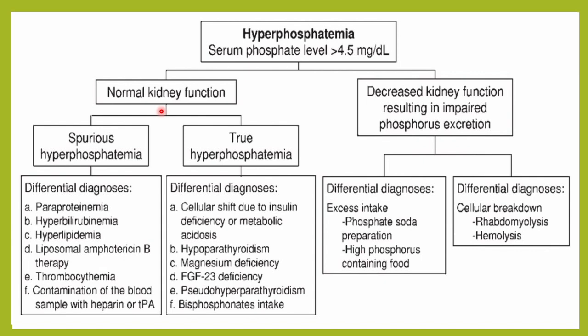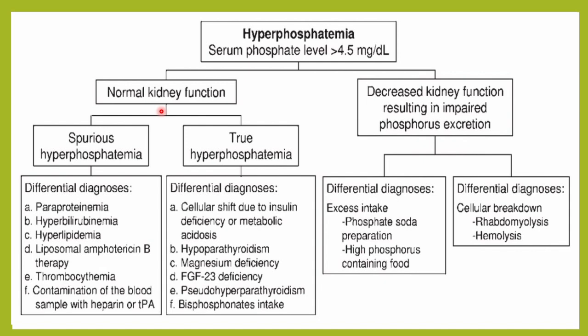So in such cases of spurious hyperphosphatemia, the patient also will have paraproteinemia, hyperbilirubinemia, hyperlipidemia, etc. And also the kidney functions will be normal.